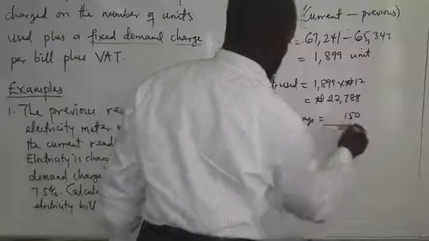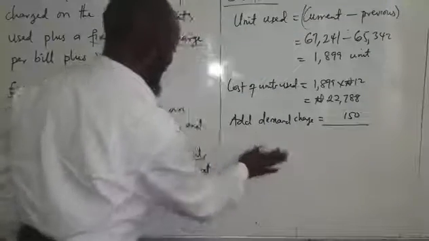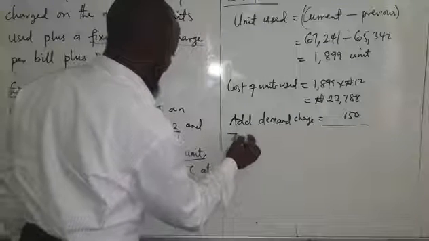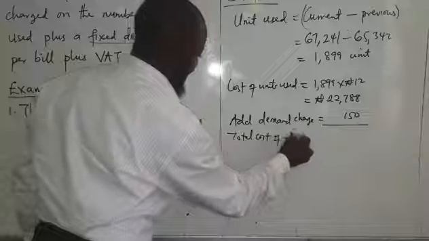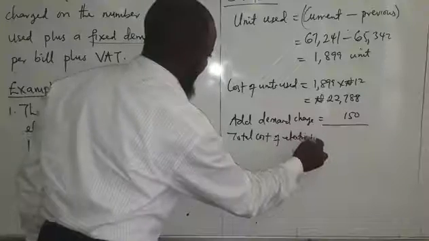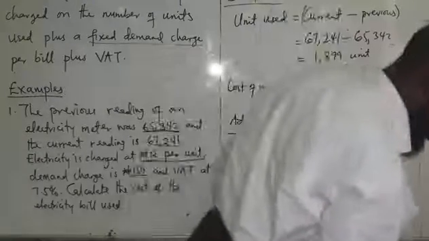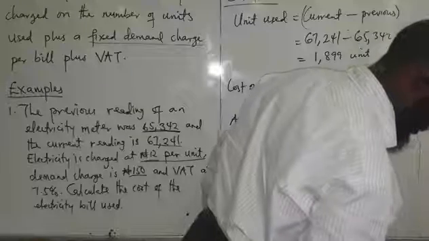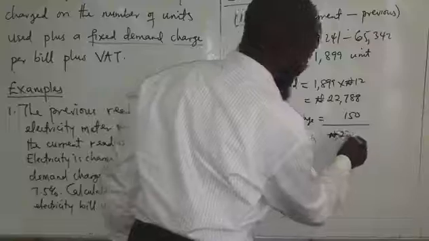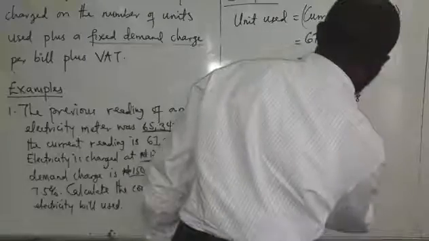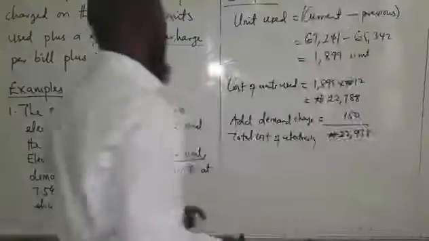And this is the total cost of electricity. So add this one plus 150, which gives us 22,938 naira. So that is that.